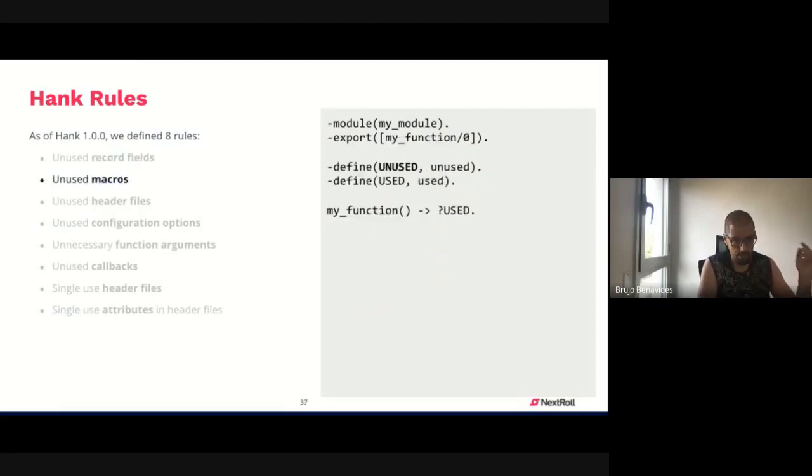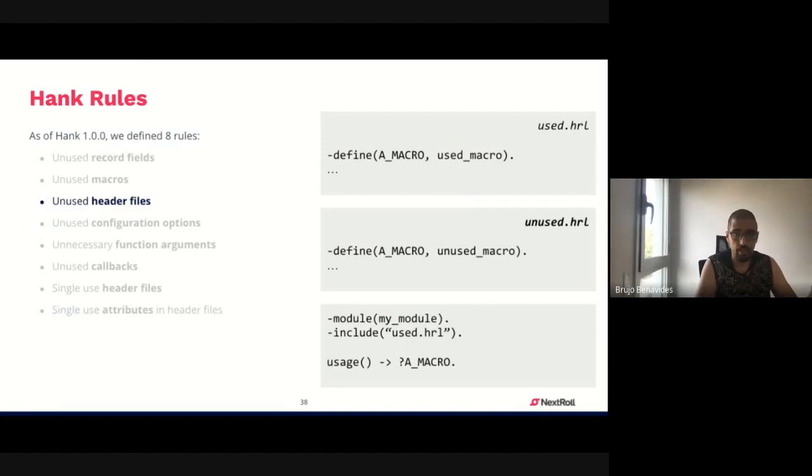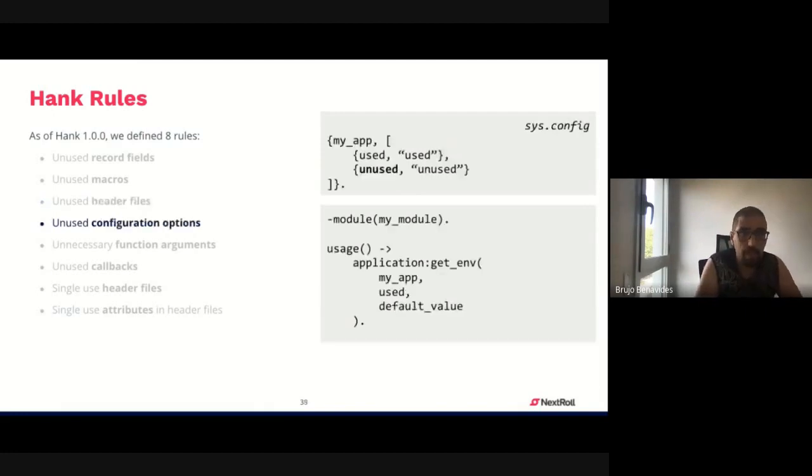Hank can detect, as I showed you before, unused macros, so macros that are defined in header files or modules where they are not used anywhere else in your project. It can detect unused header files, so you have an HRL file, but you are not including it anywhere. It can detect unused configuration options, as I showed you with sample rate before. It's tricky because, as I told you, it's not just a matter of finding where get_env is used.